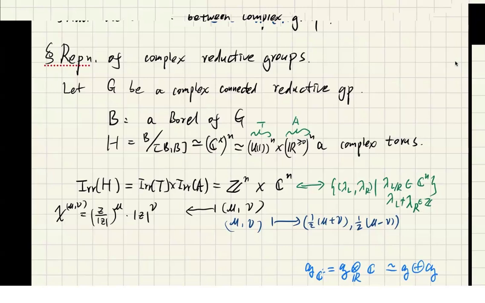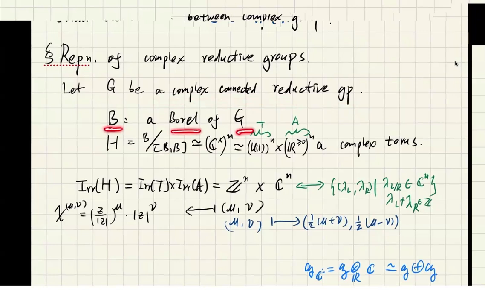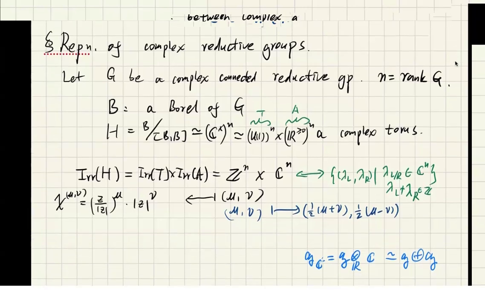So let's recall. Our setting is that G is a complex connected reductive group, and we take a Borel subgroup of G. Again, it's a complex Borel subgroup. Its maximal torus inside the Borel, which we call H, is actually isomorphic to n copies of C cross, where n is the rank of G. Okay, but what is C cross?